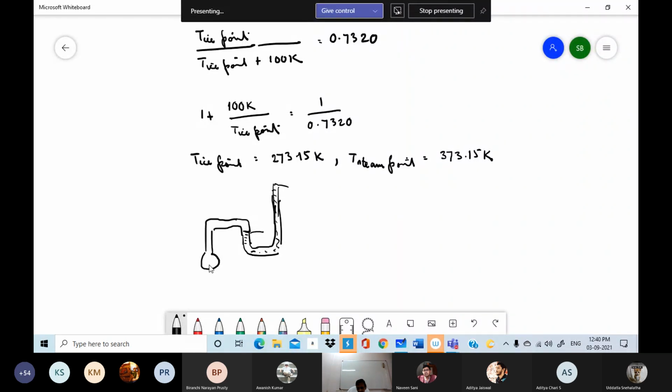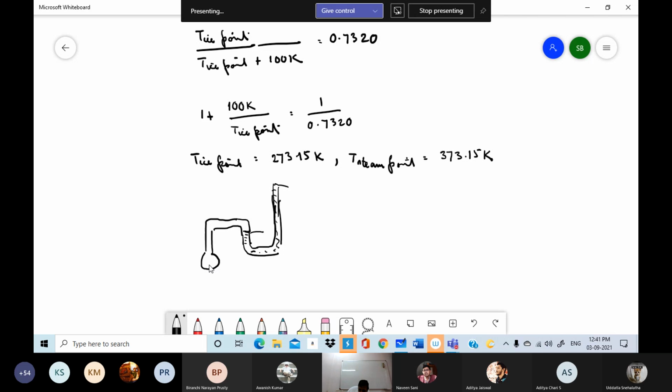This whole equipment I could enclose in a sealed chamber and do it at different pressures. Then for the same temperature, I'll get different values of temperature at different pressures.